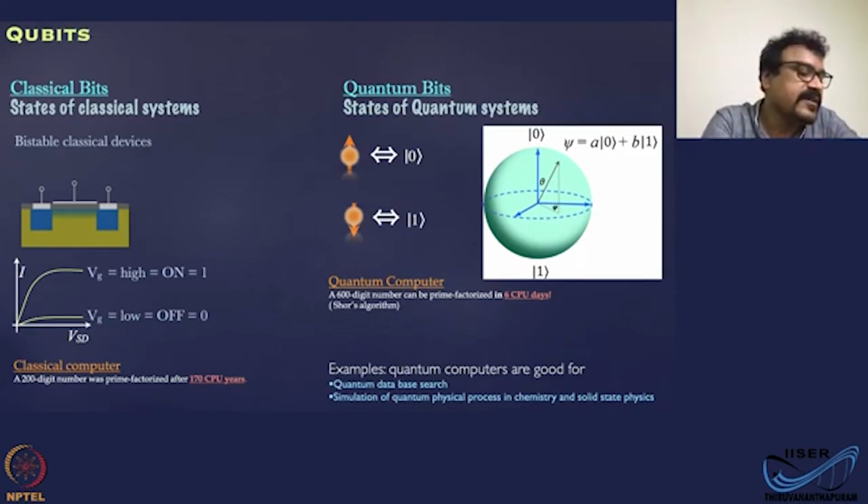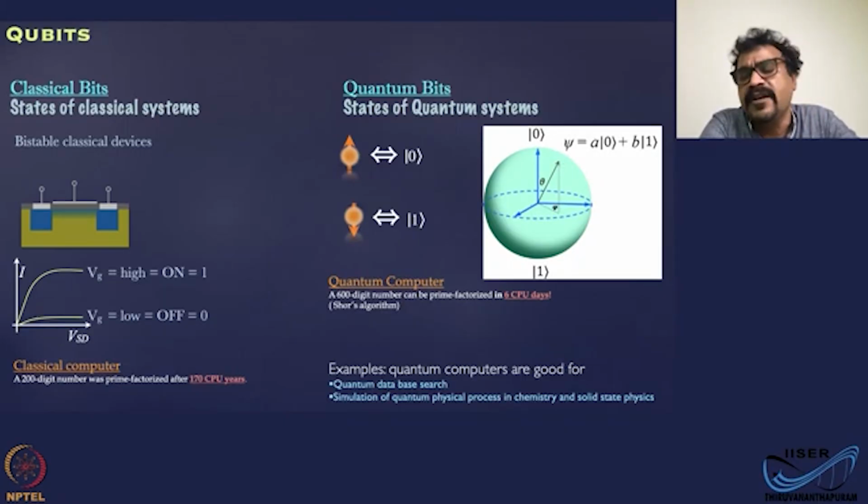In this picture, what you are seeing is a Bloch sphere representation of the qubit state. You have 0 here, you have 1 here. You can add 0 and 1 with coefficients, which are the weight factors for the 0 and 1 states, and you can generate any other state.